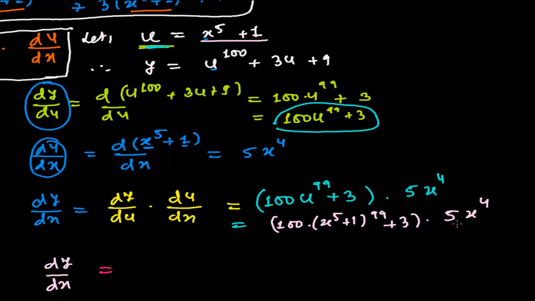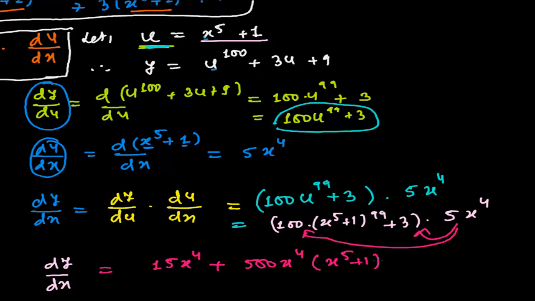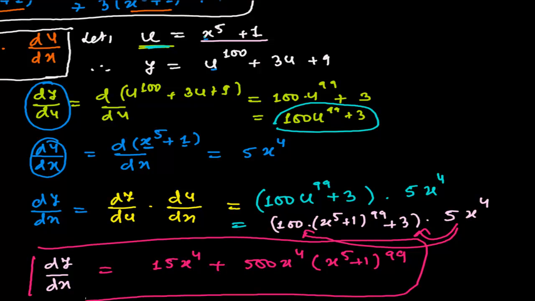So let's first multiply this. We'll get 5 times 3, that is 15x to the power 4, and then plus this 5x to the power 4 will multiply this whole quantity, so it will be 500 x to the power 4 times x to the power 5 plus 1 to the power 99. So this is our derivative of the function, and we are done here.